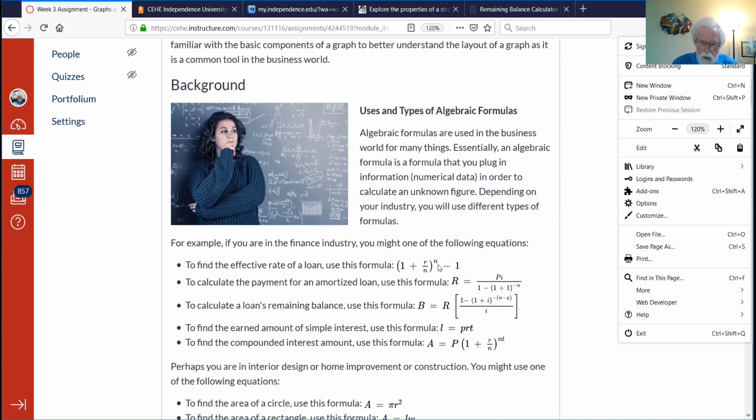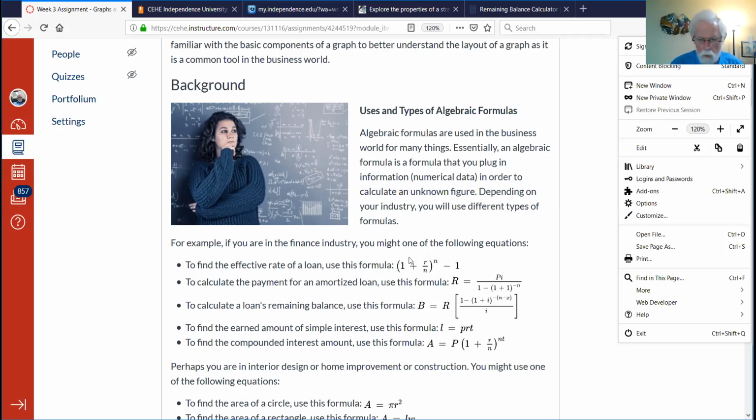Then if we look at this and multiply this for one, the effective rate for a year, this n would be 12. And then minus 1, because what we get is a percentage here. So 1 plus r over n, to the n.